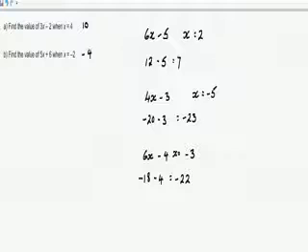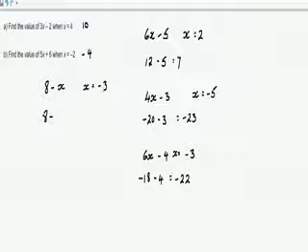Now I could try and make it difficult. So let's say we've got 8 minus x, and x is minus 3. This is saying that it's 8 minus whatever x is.